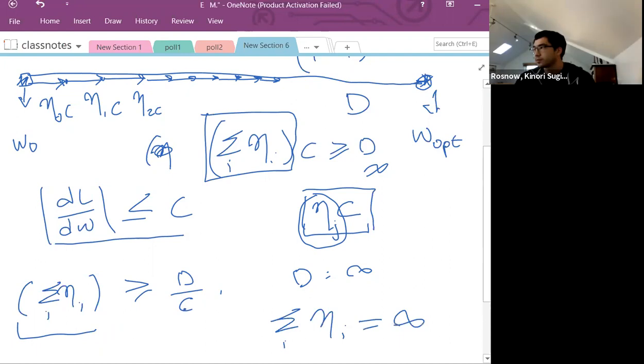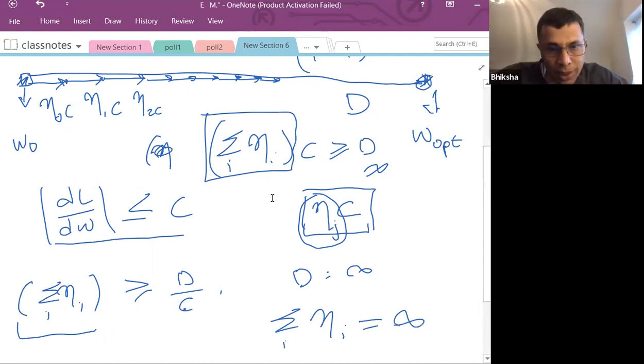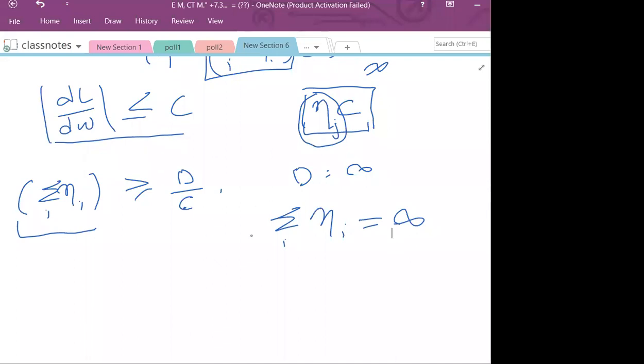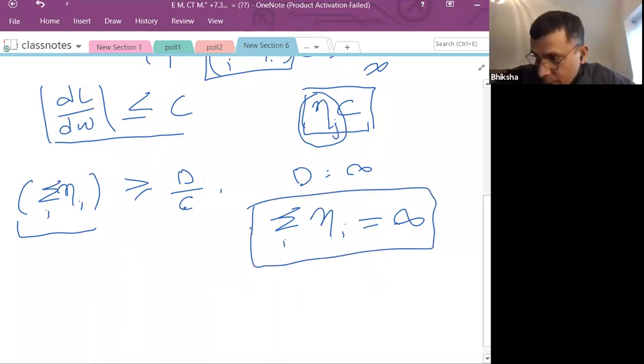But does that mean that the etas can just blow up? It doesn't cause problems, right? Because of the other problems that we just saw, correct? Nevertheless, you want the etas to be shrinking. You want the etas to shrink over iterations. At the same time, you want them to sum to infinity.